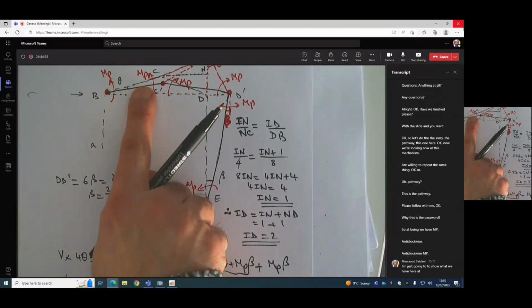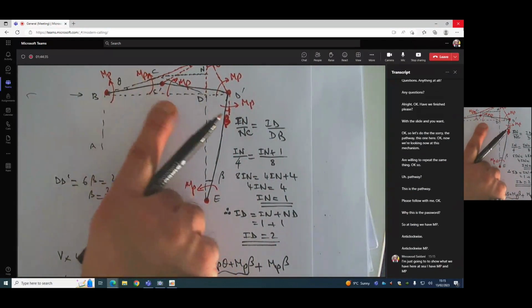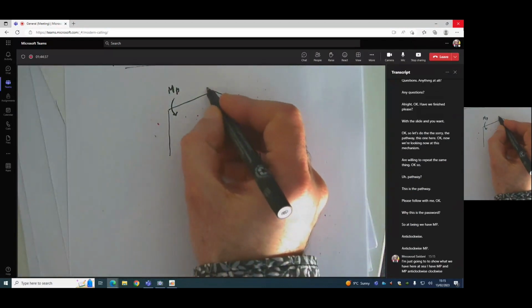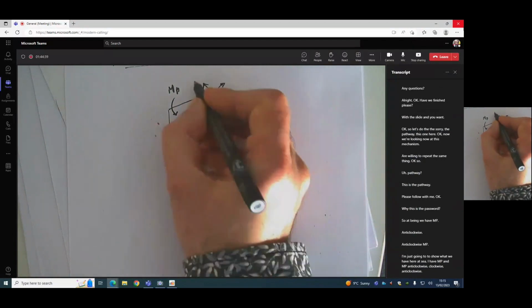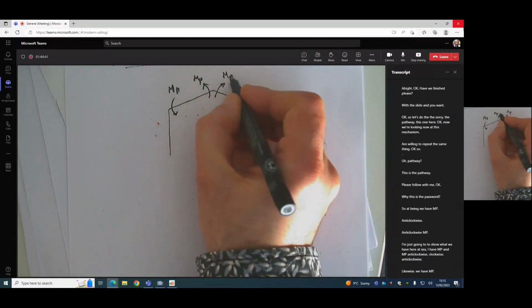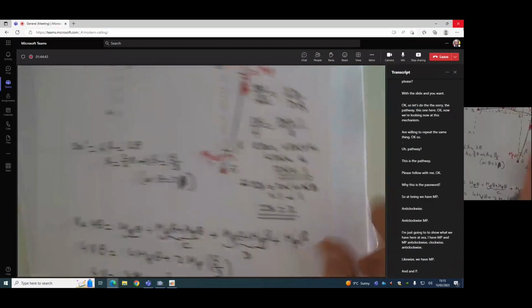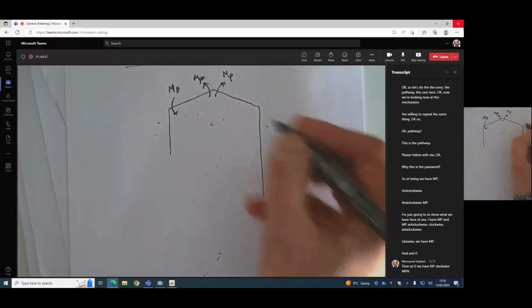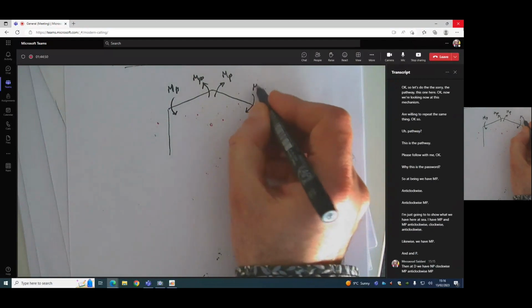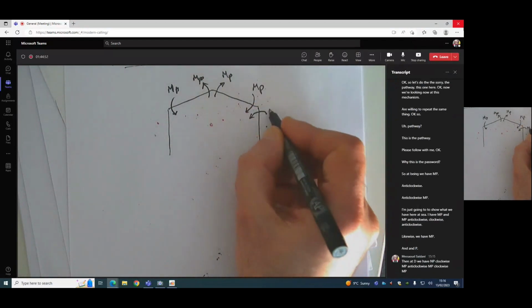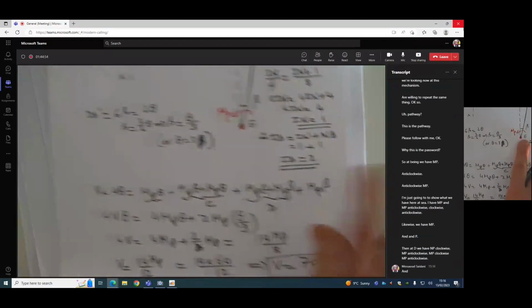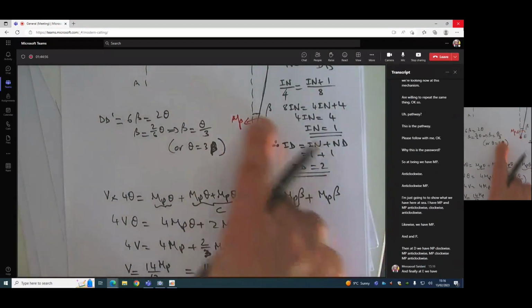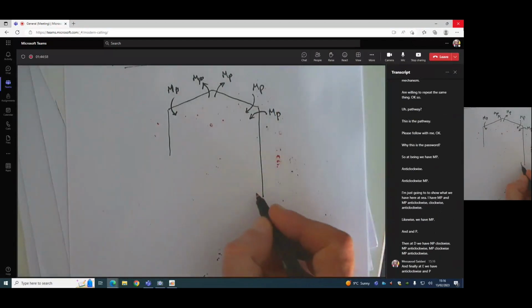At C, I have MP and MP. Anti-clockwise, clockwise, we have MP and MP. Then at D, we have MP clockwise, MP anti-clockwise. And finally, at E, we have anti-clockwise MP, anti-clockwise MP.